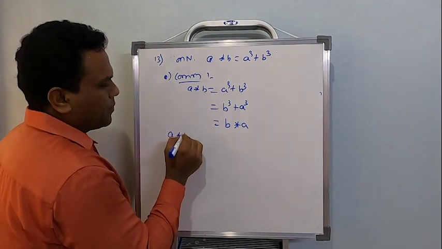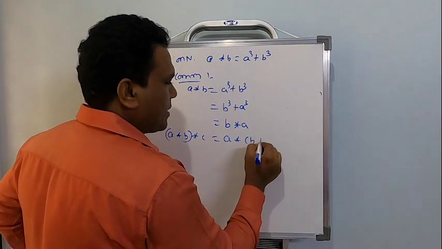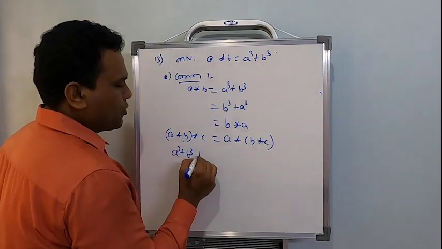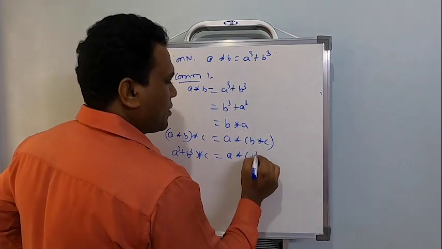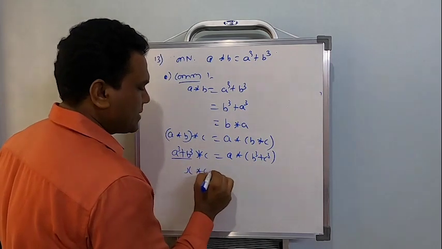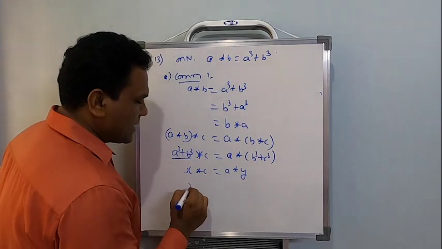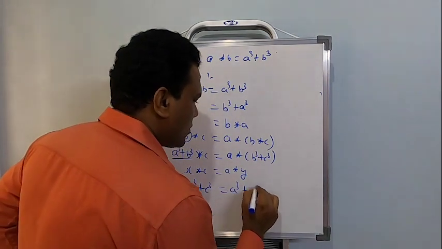So the associative property: (a star b) star c equals a star (b star c). So this should be (a cube plus b cube) star c equal to a star (b cube plus c cube). Let's say x star c is equal to a star y. Now x star c is x cube plus c cube, and this should be a cube plus y cube.